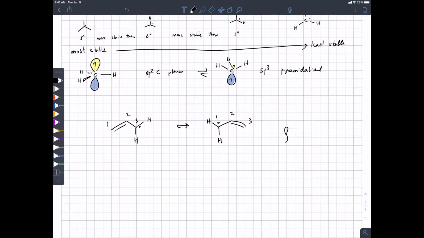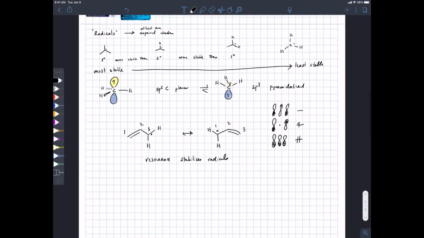And if we look at the pi molecular orbitals for the allyl system, we conclude the same thing we concluded for allyl cation and allyl anion. That is, the unpaired electron is only on carbons 1 and 3, never on 2. So resonance stabilizes radicals, and that'll be important in a little bit.